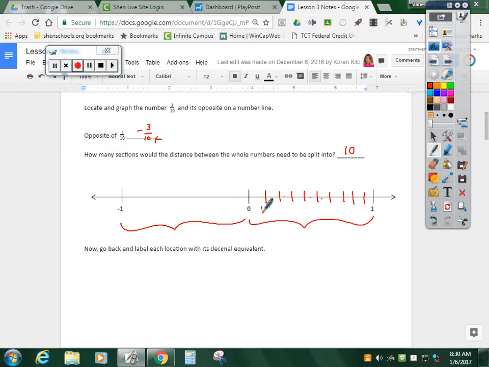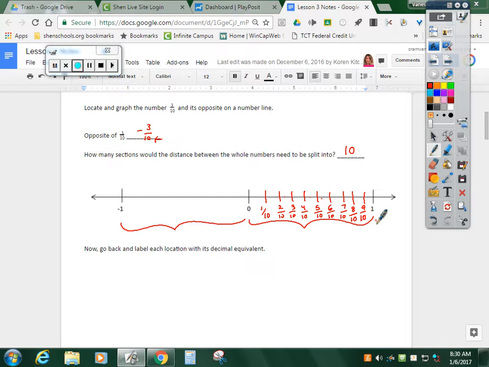So this would be 1/10, 2/10, 3/10, 4 out of 10 sections we have just gone over, 5/10, 6/10, 7/10, 8/10, 9/10, and this would be 10/10 or 1.